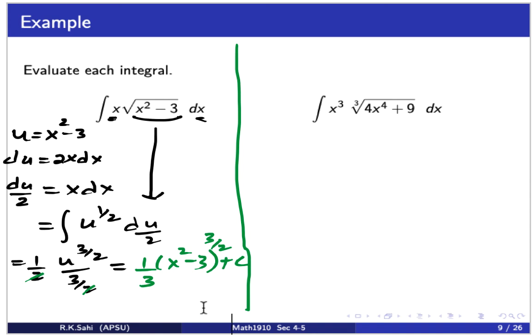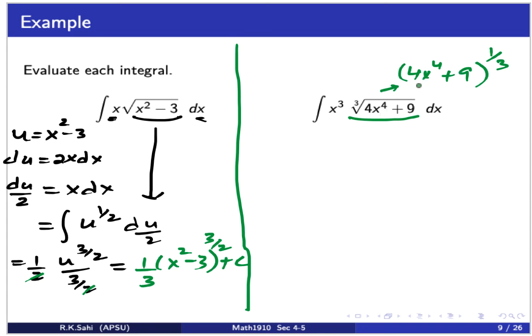Okay, the next problem, you have the integral of x cubed times the cube root of 4x^4 plus 9. So clearly, this is a composite function that has an inside and outside. This is a radical root, 4x^4 plus 9, change it to exponential form, power 1/3.